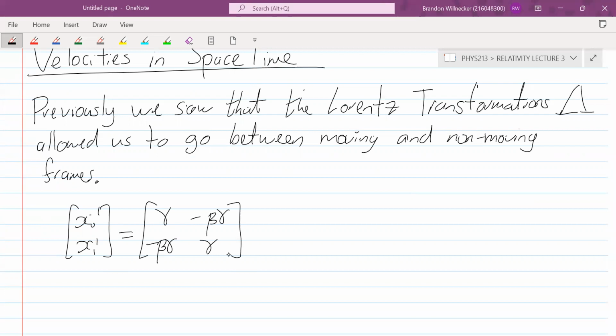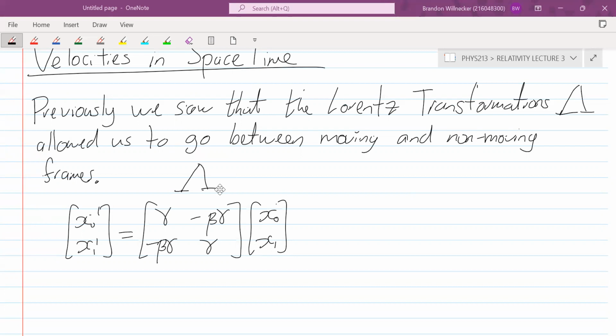So those were all the factors involved in the transformation, acting on (x0, x1). So we said this was a boost in the x direction. Okay, so we have the unprimed, for example, that's me stationary. If I want to move to your frame, which is moving, we need to use this Lorentz transformation, lambda. And that gives me the points that you would be measuring in your primed system.